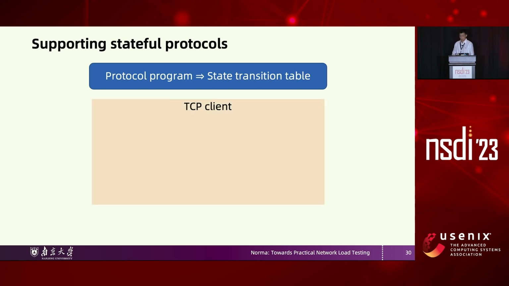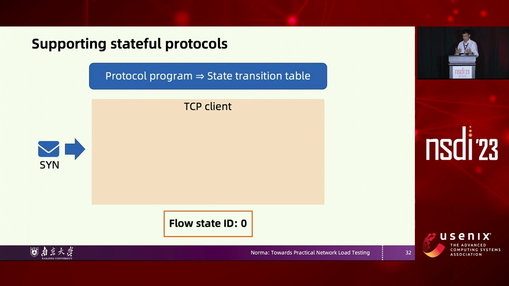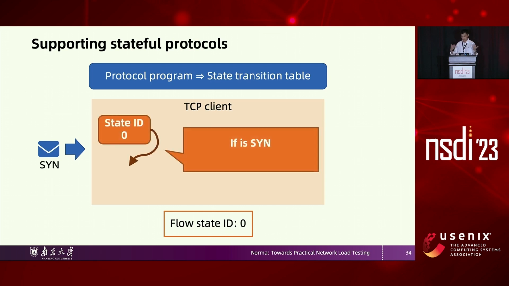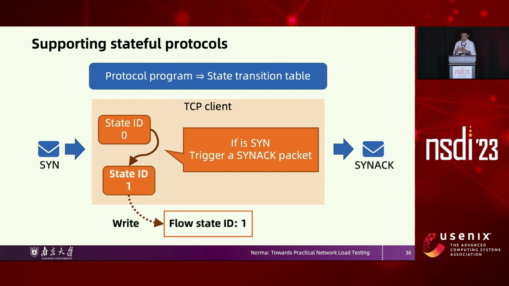For example, the switch is going to emulate a TCP client, and it receives a SYN packet, and it gets its flow state ID, which is 0. Then the switch looks up the state transition table, and the table knows that when it receives a SYN packet and its flow state ID is 0, it should trigger a SYN-ACK packet and write the next state ID, which is 1, back to the flow state ID.